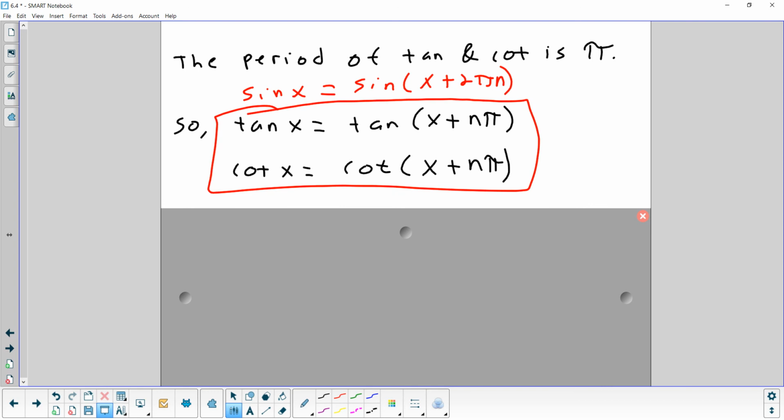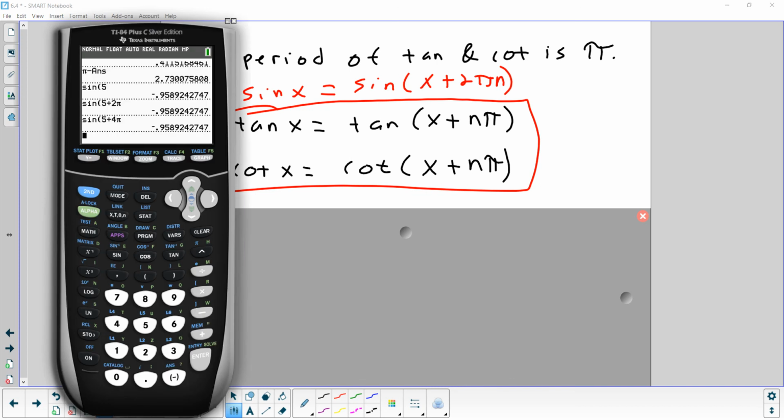Since tangent and cotangent naturally cycle every pi radians, if you take the tangent of 3, you get that. If you take the tangent of 3 plus pi, you get the same thing. It's just the answer in the next cycle, but it's the same answer as the one before.